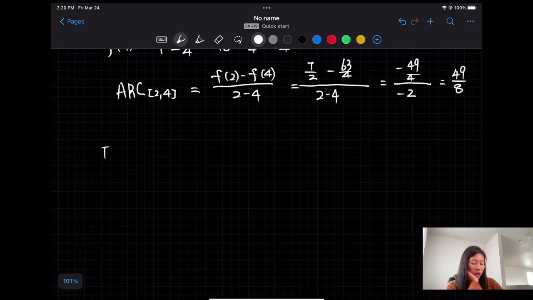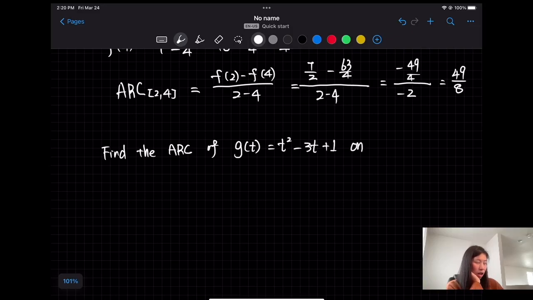If I want you to find the average rate of change of this function, g of t equals t squared minus 3t plus 1 on the interval of 0 and a, a letter a, your answer will be an expression involving a. That's okay. Don't freak out. It's just a letter. Okay, so what's the formula?